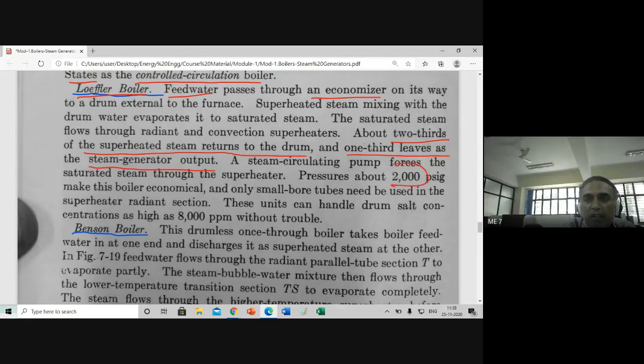Pressure is 2000 pounds per square inch gauge, PSI. These units can handle drum salt concentration as high as 8,000 parts per million without trouble. This is the advantage.